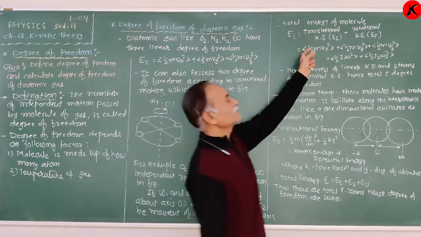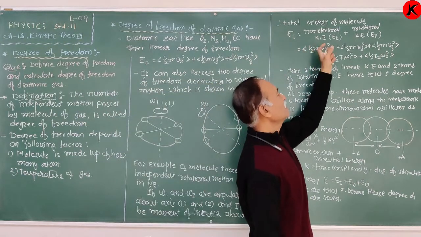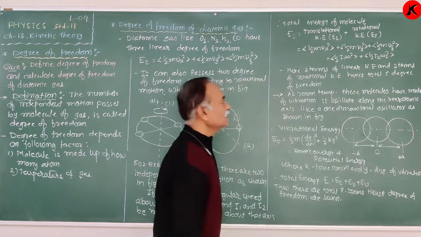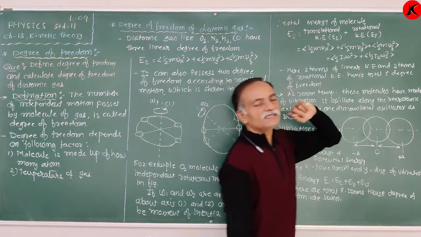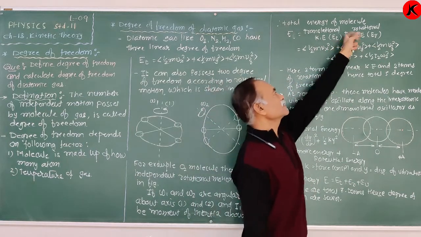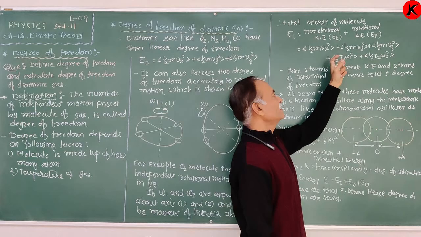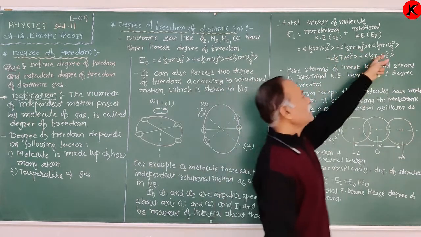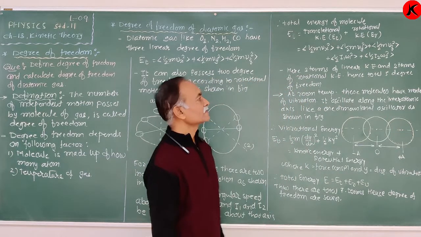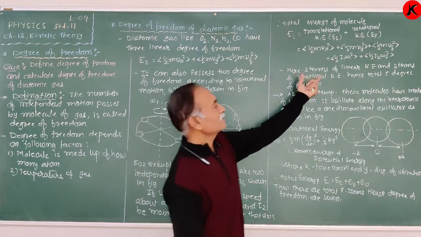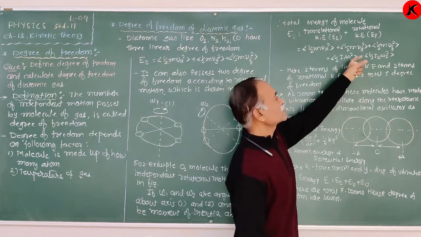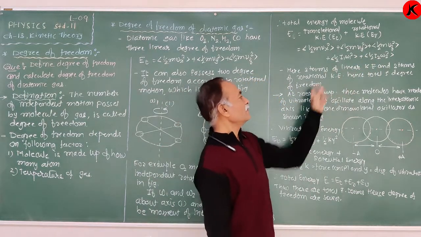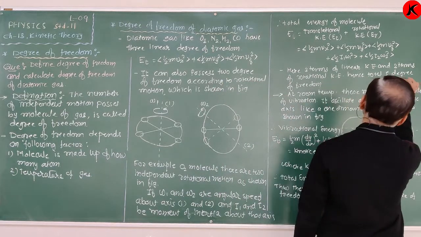Therefore, the total energy of the molecule is average half m vx square plus average half m vy square plus average half m vz square plus 2 terms of rotational kinetic energy, average half I1 omega 1 square plus average half I2 omega 2 square. Here 3 terms of linear kinetic energy plus 2 terms of rotational kinetic energy, hence the total is 5 degrees of freedom.